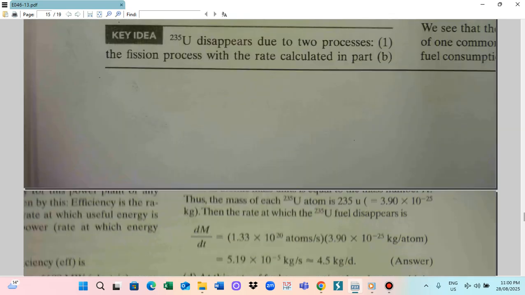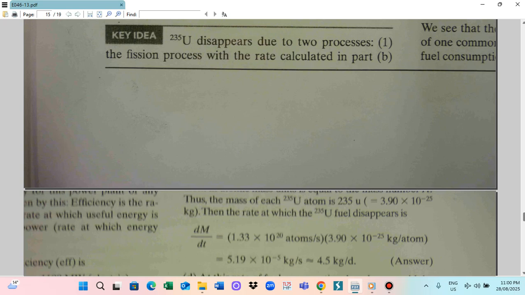Now, with the disappearing of those atoms, we can calculate how many kilograms per day. So we can calculate dm by dt. This is 1.33 times 10 to the power 20 atoms per second, multiplied by 3.9 times 10 to the power minus 25 kilograms per atom, since one atom is around 3.9 times 10 to the power minus 25 kilograms.